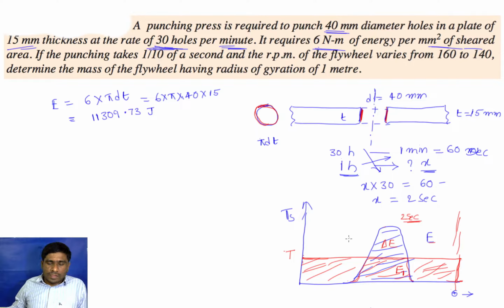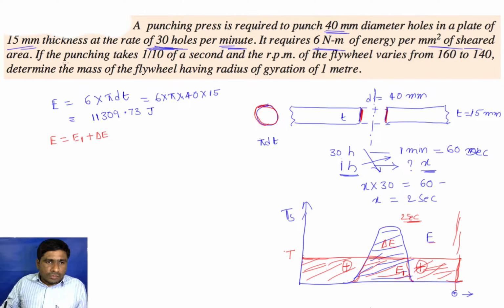Why? Because we already saw that by attaching the flywheel, this excess energy is absorbed by the flywheel, that is delta E. And if you chop off this extra energy and fill this gap, that will exactly fit into this curve. So here we know E equals E1 plus delta E.